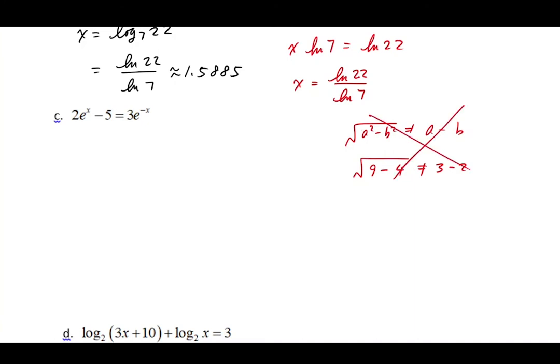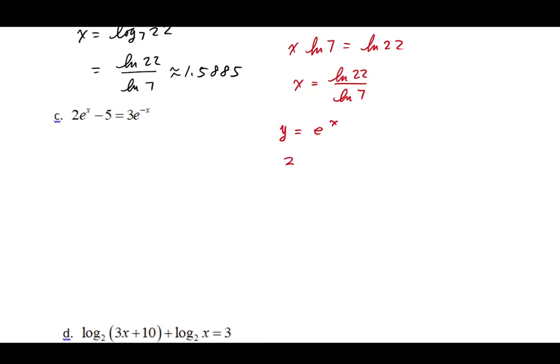Okay, so likewise, what we can do here is, we have to recognize this is quadratic form. Let me rewrite it so you can recognize it. Instead of e to the x, let me say if y is equal to e to the x, then this equation becomes 2y minus 5 is equal to, what is this, 3y to the negative 1 power?